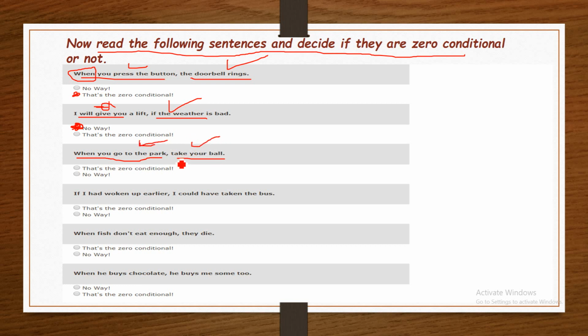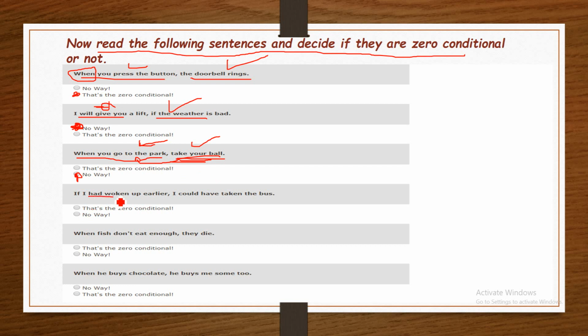We said the main clause is always the result of the if clause or when clause. When is replaced by if. But here, the main clause is not a result of the if clause. Therefore, it is not zero conditional.